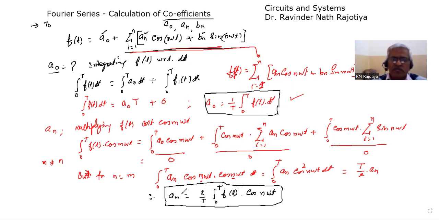Now, how do you calculate the value of b_n? Similarly, let me just make some space here.